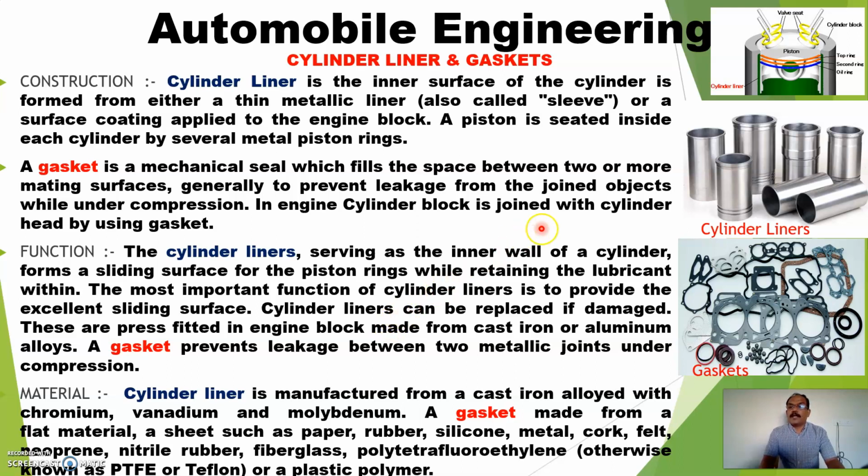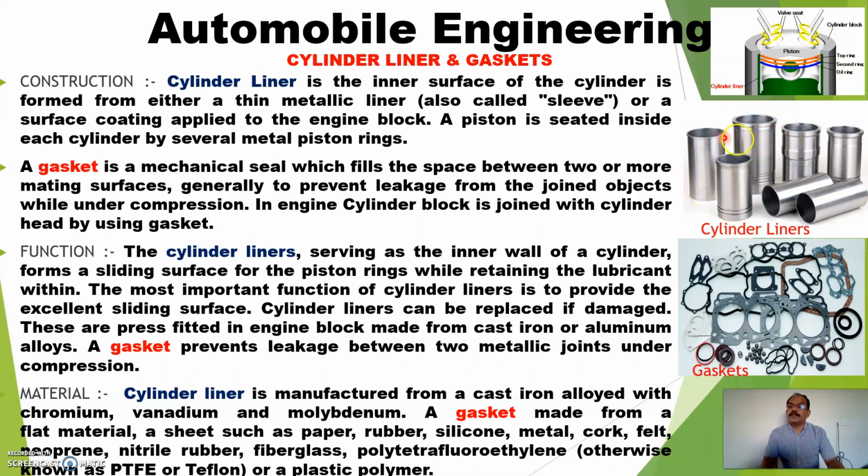Generally, cylinder liners are fixed inside the cylinder block. Why are these cylinder liners necessary? Because we need a smooth surface for the movement of the piston. Cylinder liners, also called sleeves, are press fitted inside the cylinder block, so that whenever damage happens, you need to replace this part only.